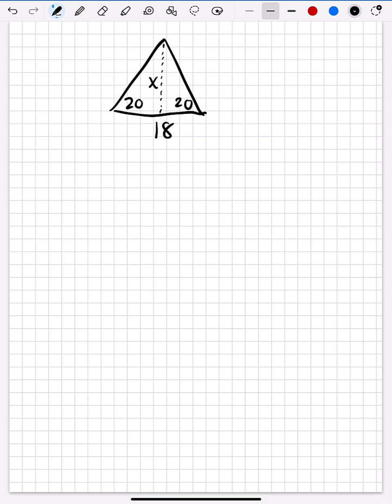I may not know exactly what that is just yet, but it looks like I can draw a right triangle to represent half of the isosceles. This angle is still 20 degrees, this is 90, and my height is x. Since I have cut my triangle in half, I've also cut my base in half, so I'll call it 9.